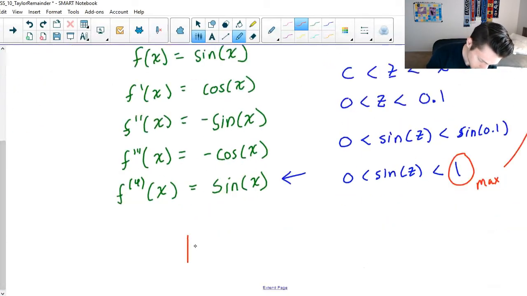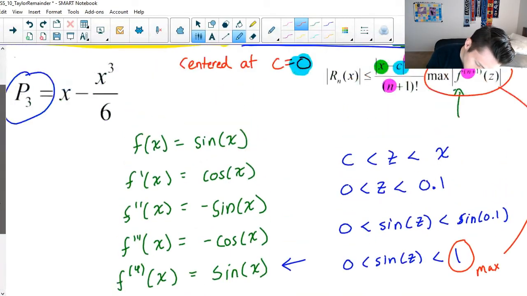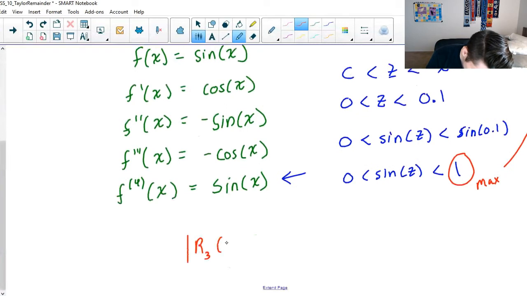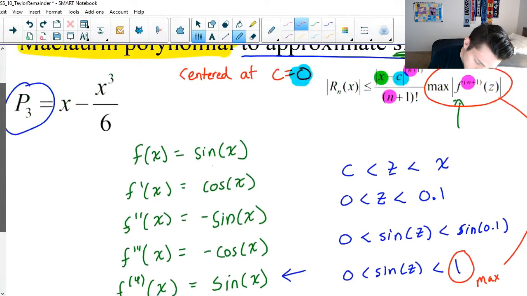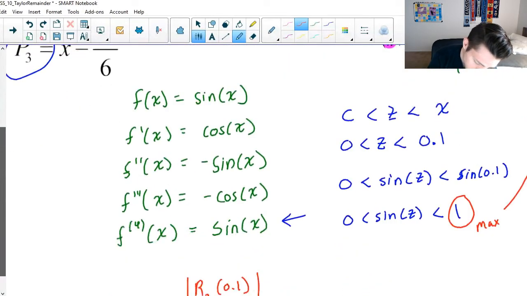So let's write the error of the Maclaurin polynomial of the third degree of 0.1, because that's what we're approximating. That absolute value is, so the numerator, absolute value of x minus c, so that's 0.1 minus 0.